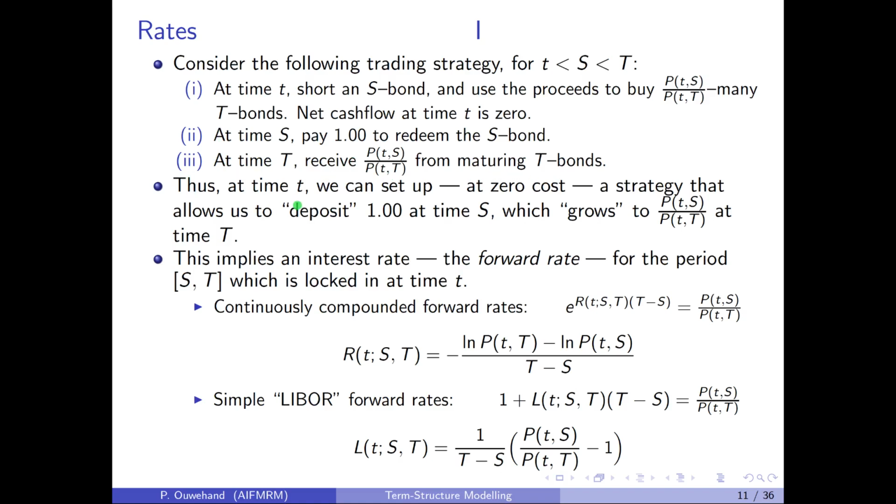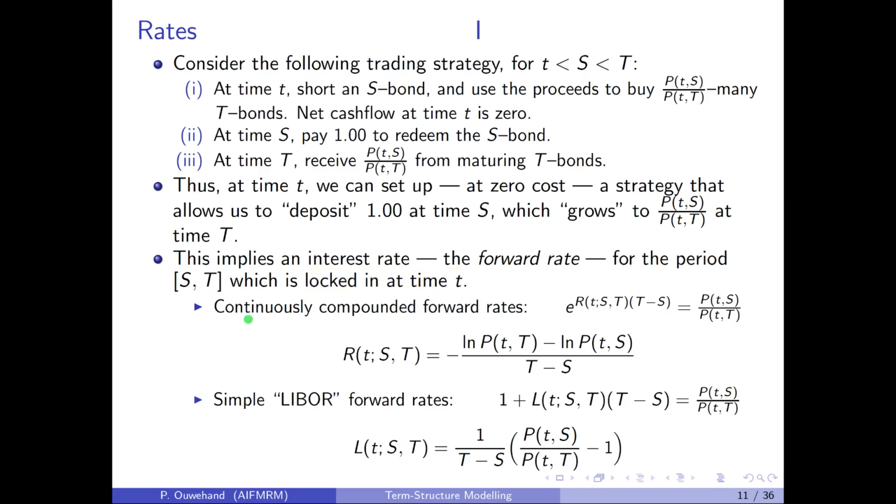So at time little t, we can set up, at zero cost, a strategy that allows us to deposit or pay 1 unit of currency at time S, and which will then grow to P(t,S) over P(t,T) at time capital T. And this implies an interest rate, the forward rate, for the period from S to T, but this interest rate is locked in at the earlier time little t.